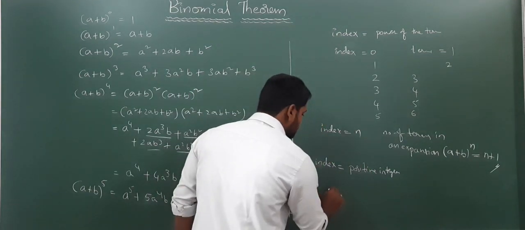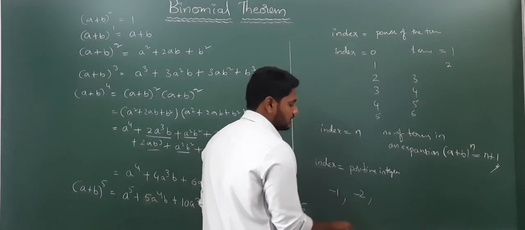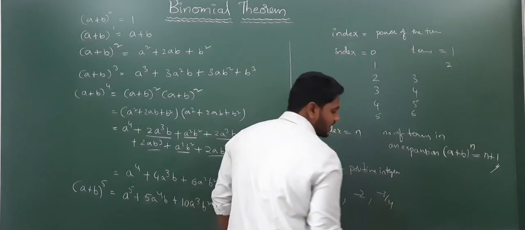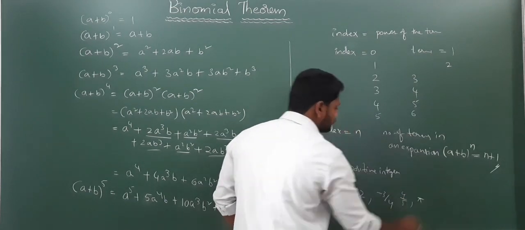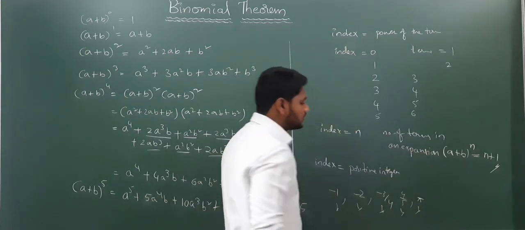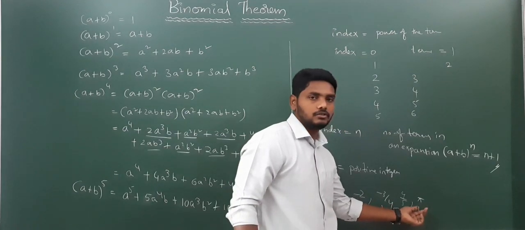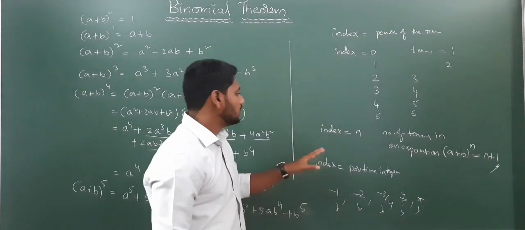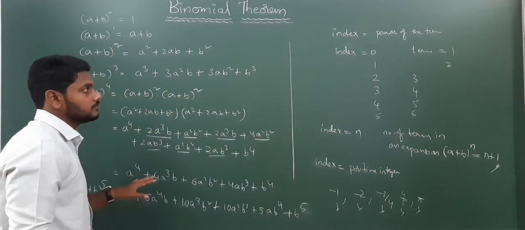Here we won't consider negative numbers like -1, -2, fractions like -3/4, 4/5, and pi. So these all we won't consider, right? Negative numbers and rational numbers, nothing but fractions, and values like pi, omega, those also we won't consider. We will consider only positive integers, and we can define these formulas.